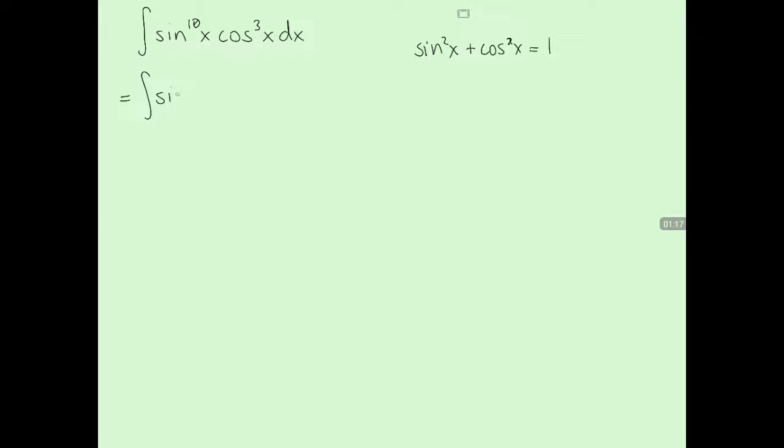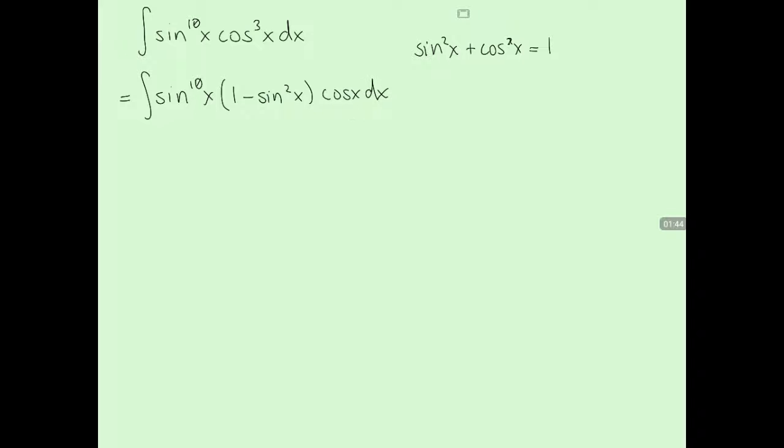So let's do that. So sine x to the power of 10 times cos squared x. We can write cos squared x as 1 minus sine squared x. And we still have one cos x left over from our cos cubed x. Right now we have everything in terms of sine except for one cos x.